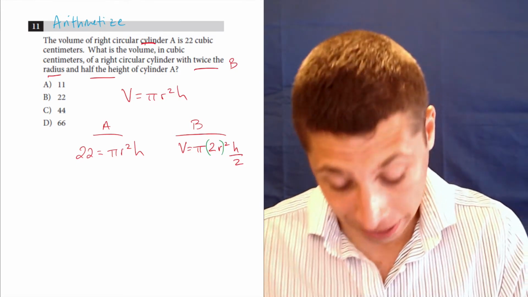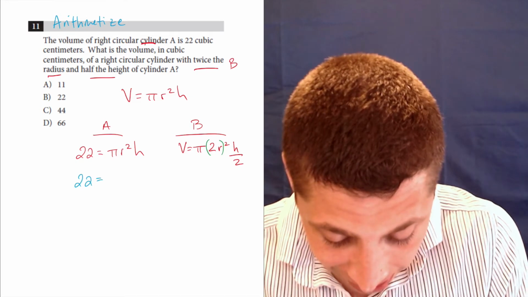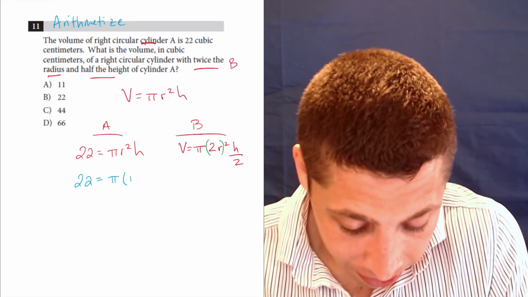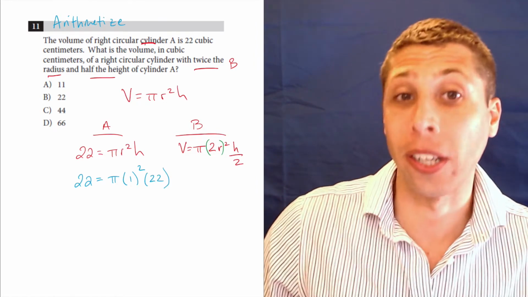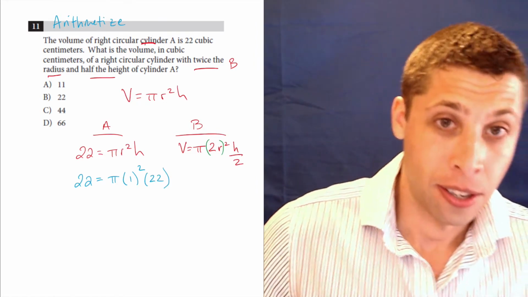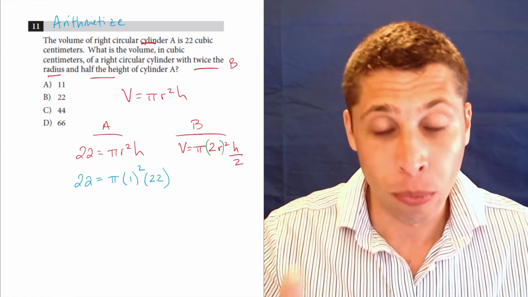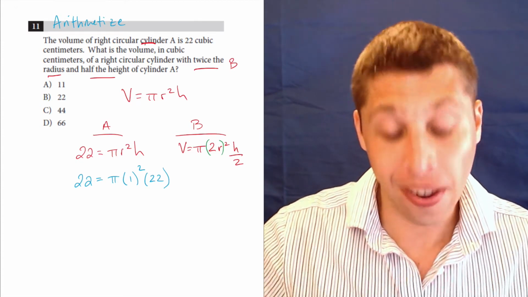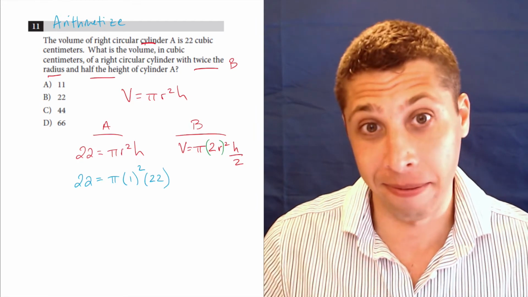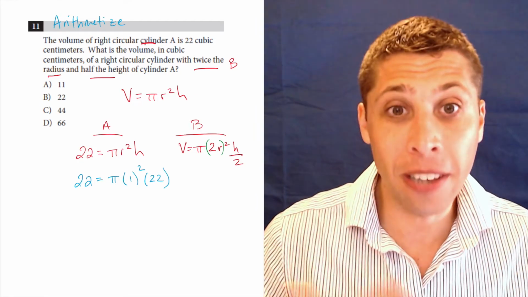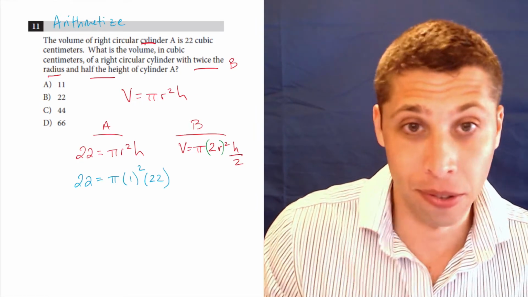What I would pick is that my radius is 1 and my height is 22. So why is that going to be good? Well, it's going to let me divide 22 in half very easily to get 11, right? Because we're supposed to divide the height in half. And it's going to let me double the radius easily because 1 times 2 is just 2.